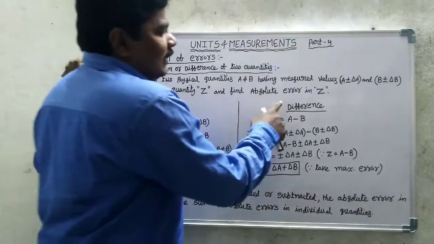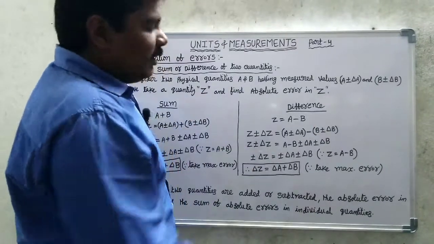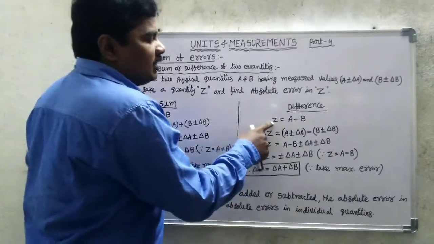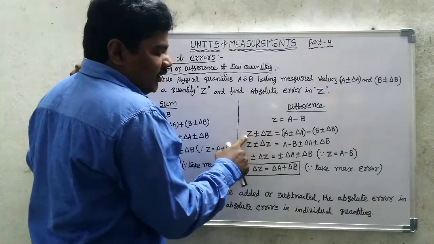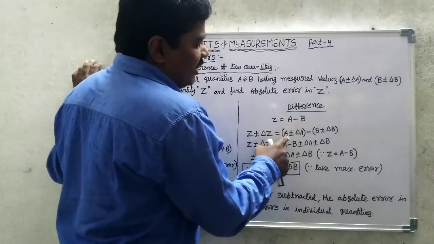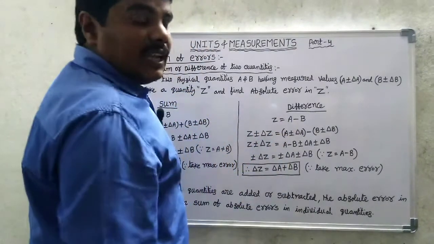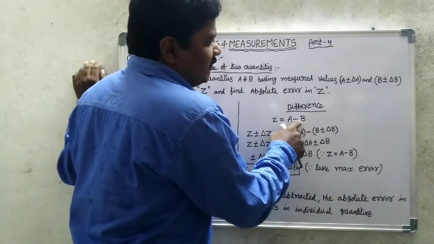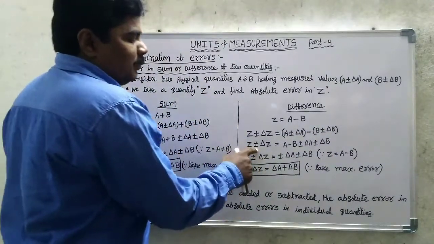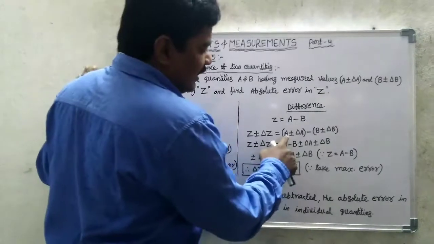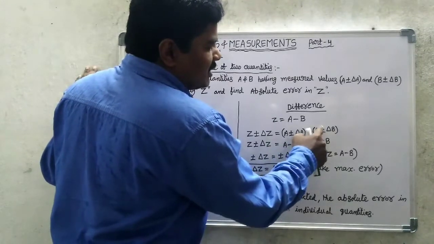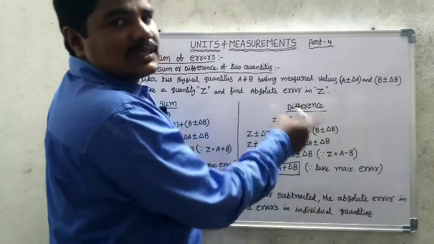Now we go to difference of physical quantities. Here we take Z is equal to A minus B. The measured value in Z is represented by Z plus or minus delta Z, which is equal to the measured value of A, A plus or minus delta A, minus the measured value of B, B plus or minus delta B. So Z plus or minus delta Z is equal to A minus B plus or minus delta A, minus into plus or minus, which gives minus plus.